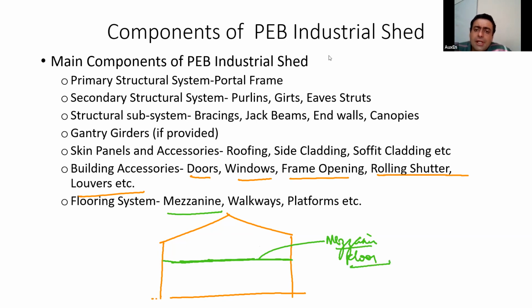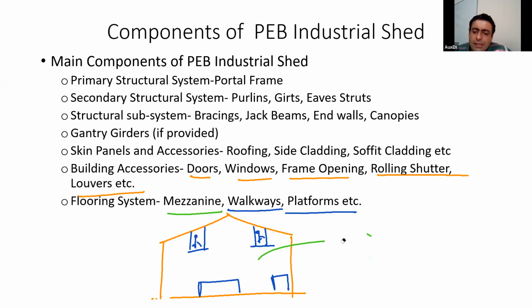In some industrial sheds, you may have to provide walkways for people to move around. Those walkways may be suspended from the roof, and your people may walk around these walkways for inspection purposes, etc. So these are called walkways. Platforms mean that you may have to create some working platforms for some equipment, or again for some inspection purposes.